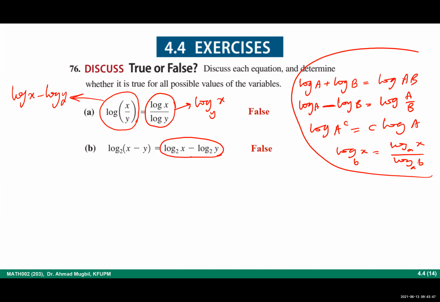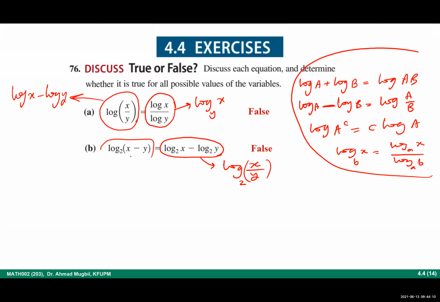Okay, this here in the right-hand side, what is this? This is equal to what? This is equal to law 2. A over B. Yes. This is log 2 of x divided by y. Yes.